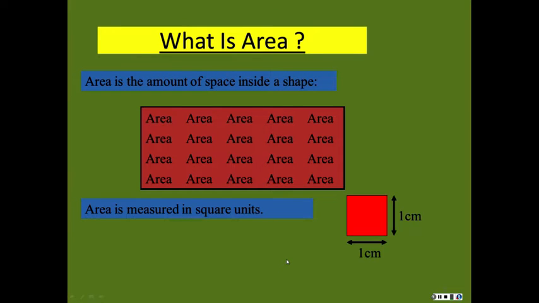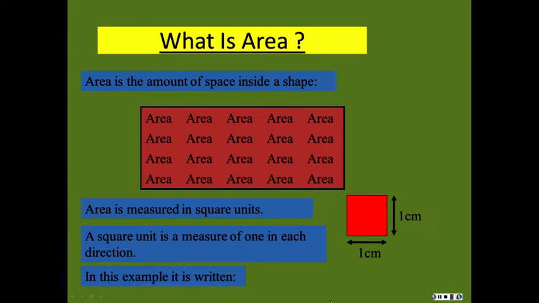So if I had a length of 1 centimeter and a width of 1 centimeter, my answer would be 1 centimeter squared. Okay? So for area, you must have squared units because that multiplication is involved. Square units, not linear ones.